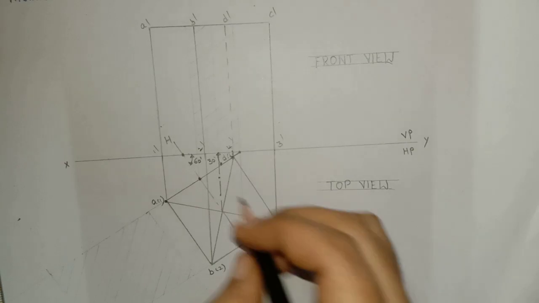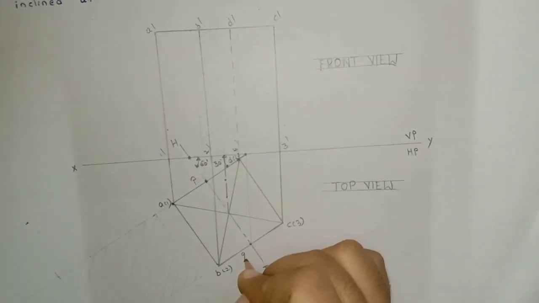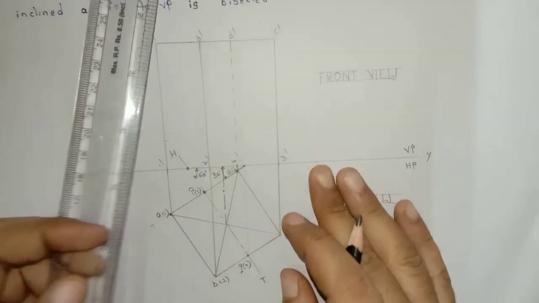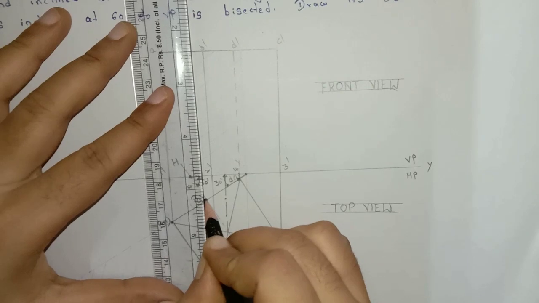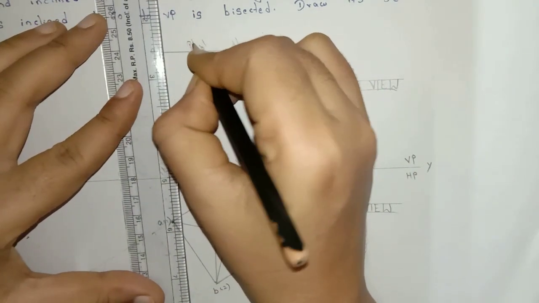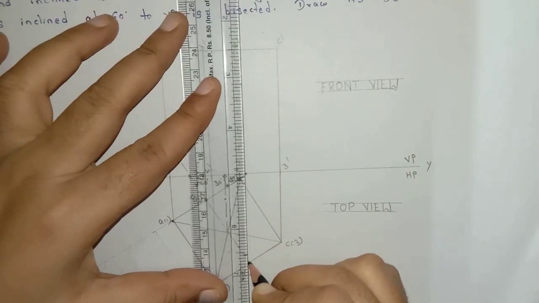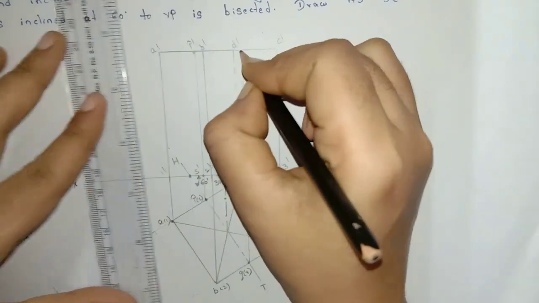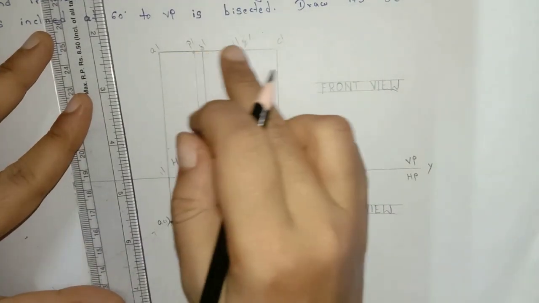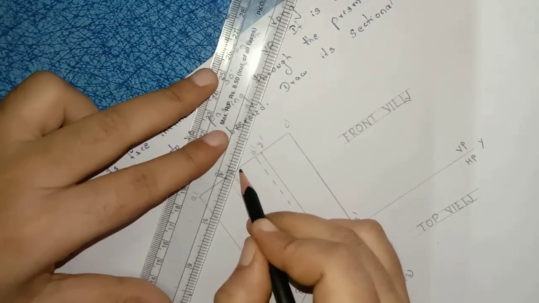Right? So name this point as P. This point is Q, R, and this point is S. Right? So from PS project the line. Name this point as P dash, this point as S dash. From QR project the line. Name this point as Q dash, this point as R dash. P, Q, R, S is your sectional front view.